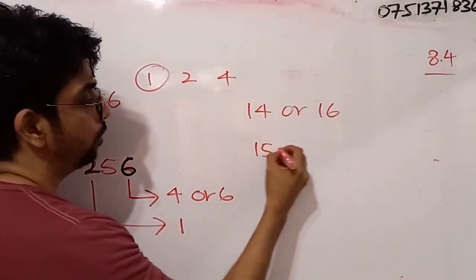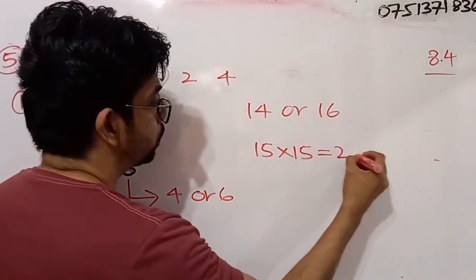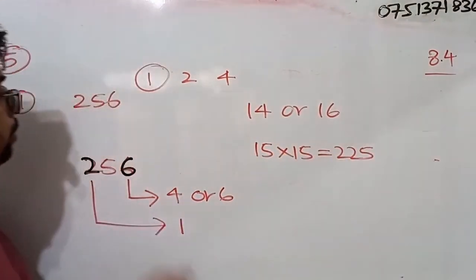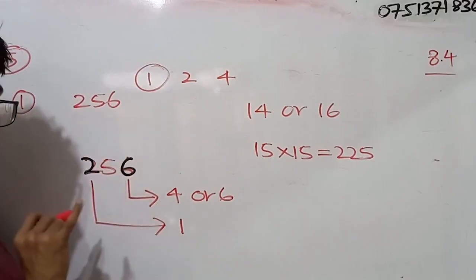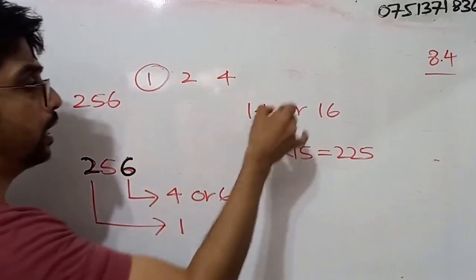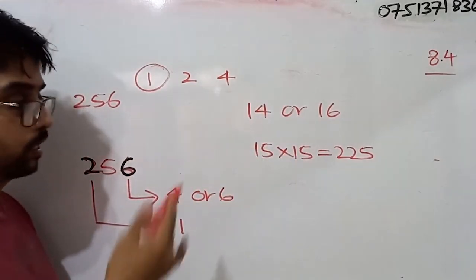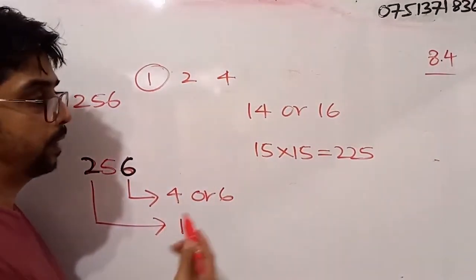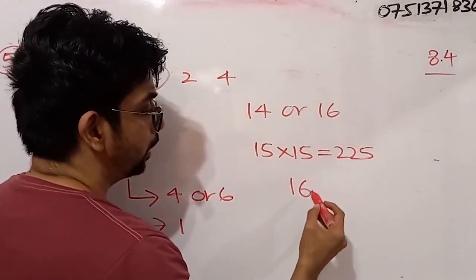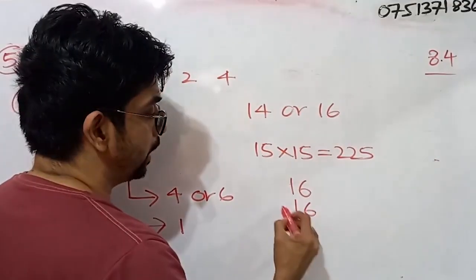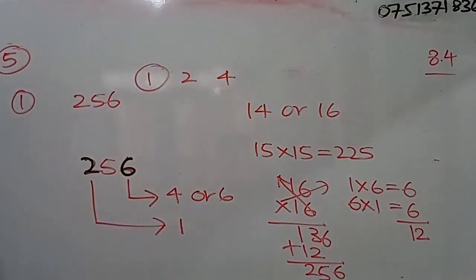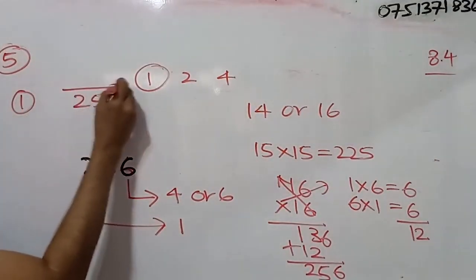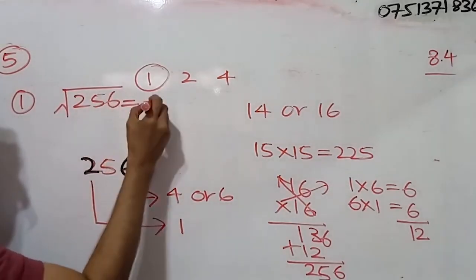So we know 15 squared, that is 225. So number that we are checking is what? 256. So definitely 14 we can, the square of 14 we can skip. Right? So if we check the square of 16, so the answer is 256. That means what? The square root of 256, that is what?